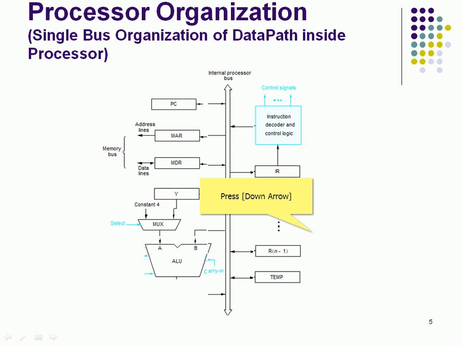So these two data go into the multiplexer. Any one will get selected, either constant 4 or Y. A select signal will be there, and one will be eligible to go into the ALU. So either Y may come or constant 4 may come.